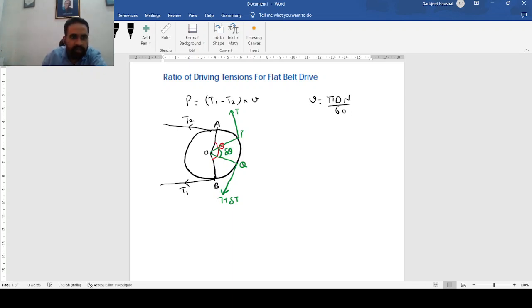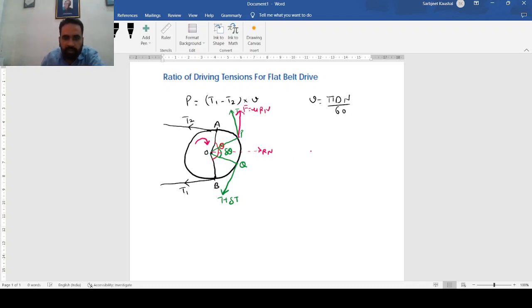Further, we have the different force components here. Towards the horizontal side, we have the normal direction. Suppose the belt is moving in the clockwise direction, so there would be one component of force normal to it, that is F, and it is equal to mu R N.